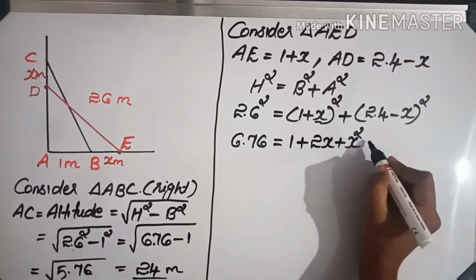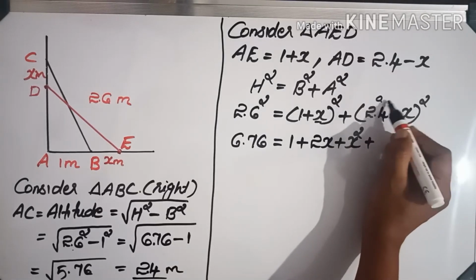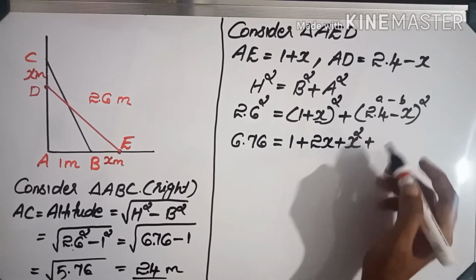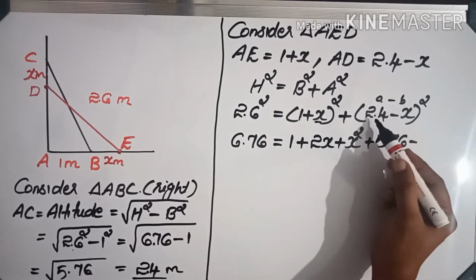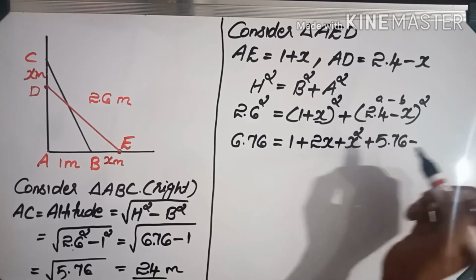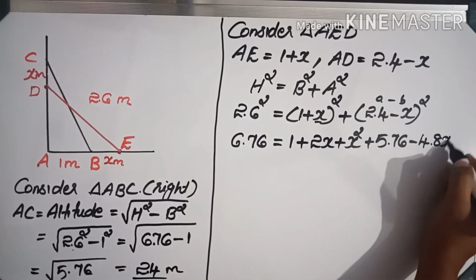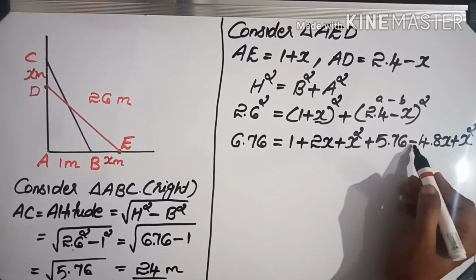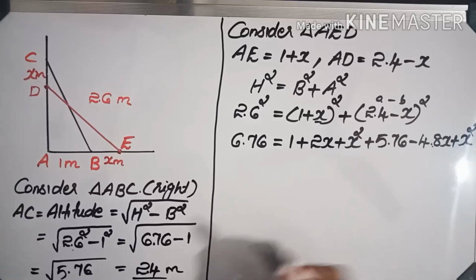Then (2.4 minus x) whole square, the (a minus b) whole square identity: a square, that is 2.4 square, 5.76, minus 2 into a into b, so 2 into x into 2.4. 2.4 into 2 is 4.8, so minus 4.8x, plus x square.